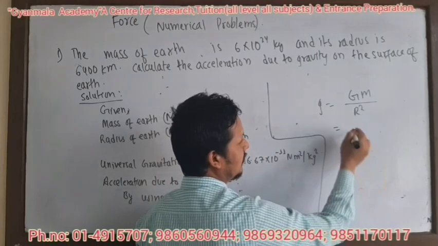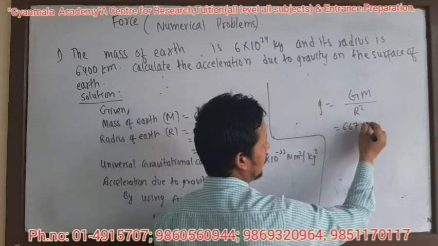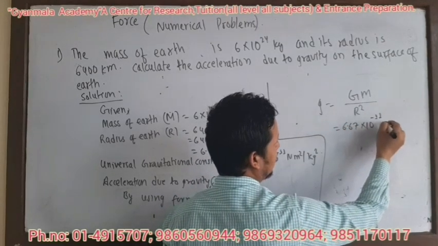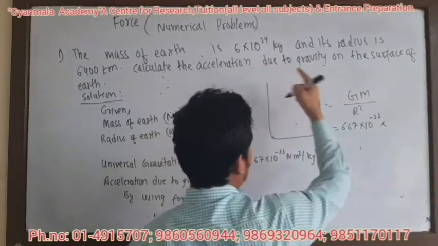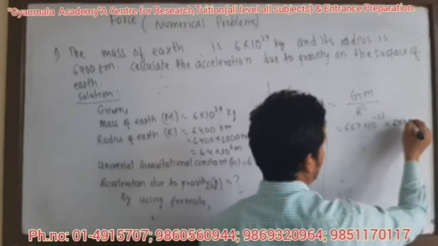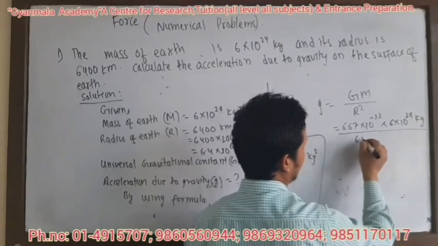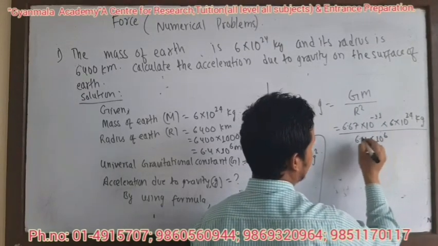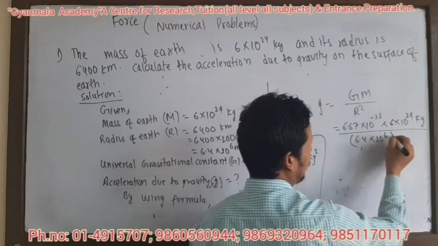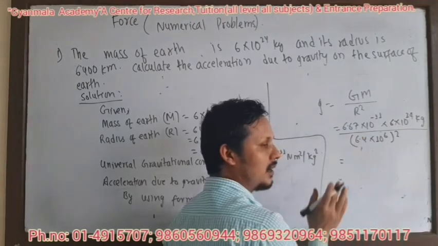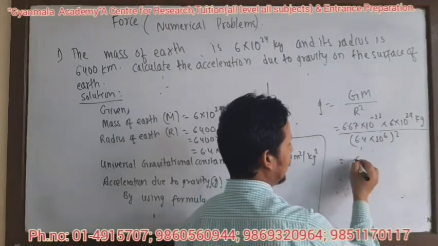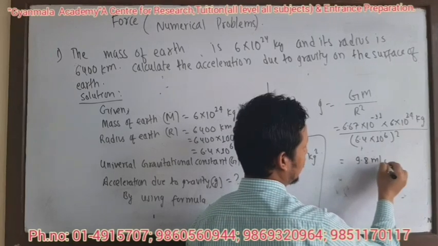Value of G, 6.67 into 10 to the power minus 11, into mass. What is the value of mass? 6 into 10 to the power 24 kg and the radius equals to 6.4 into 10 to the power 6. So radius is square. On calculating the value using calculator, you will get the value 9.8 meter per second square.